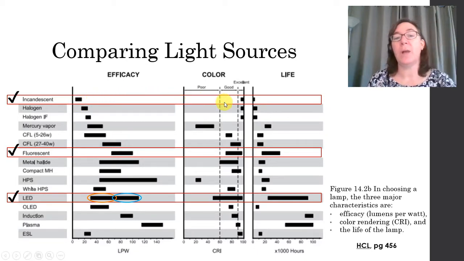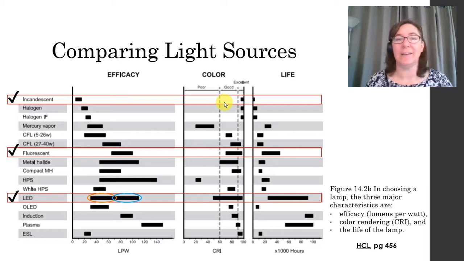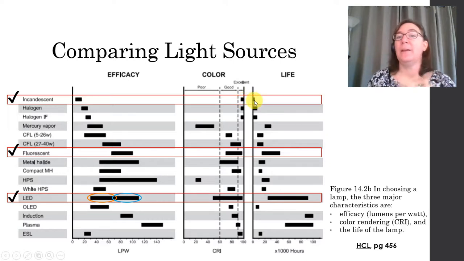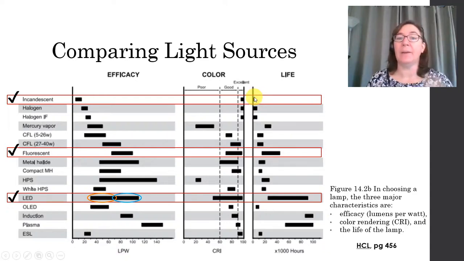Moving over to color rendering index, one of the reasons that we very much like incandescent lights is that they have an excellent or very high color rendering index. Now in lifespan, they are some of the worst. You have to replace incandescent bulbs frequently, and you can see that they have a very low life.